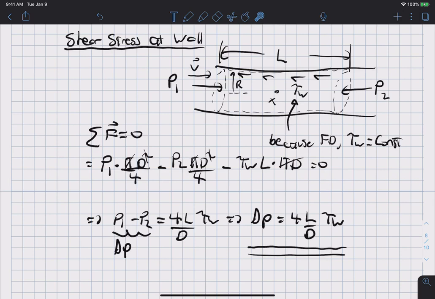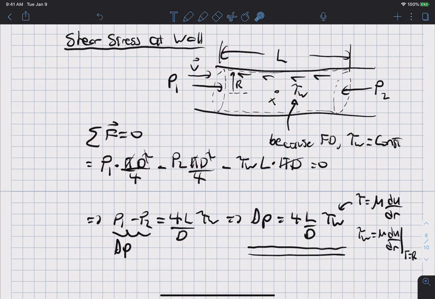Okay, and so now that we know the velocity profile and tau is equal to mu du dr. And so tau wall equals mu du dr at the outer radius of the tube. So all we need to do is use our velocity profile and take the derivative of it and evaluate that derivative at the upper wall of the tube. And so that's why we went through this whole big analysis to find the velocity profile. Okay?